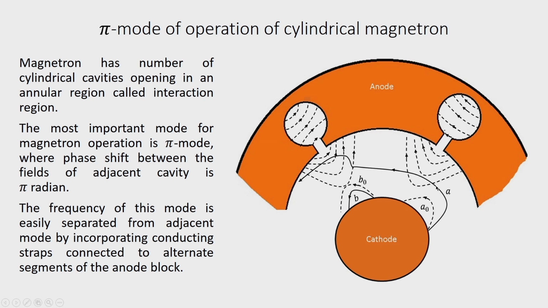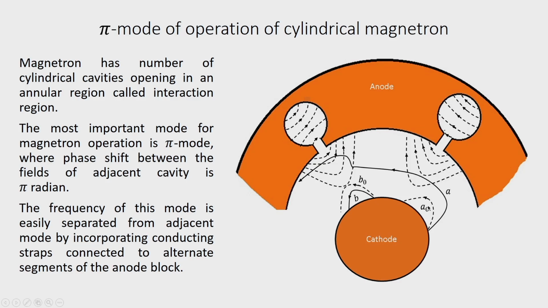By the time the electron travels to the second cavity, its field polarity changes. In that case, it will further retard the electron, and this field also will extract energy from the electron, and eventually the electron will get collected at the anode. So, these are the electrons which will contribute to the building up of field in the cavity.